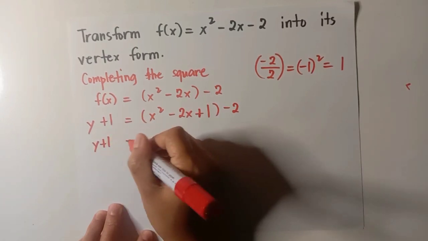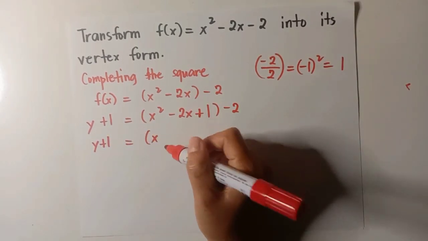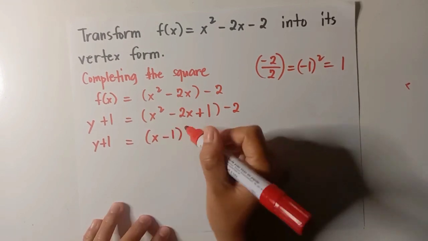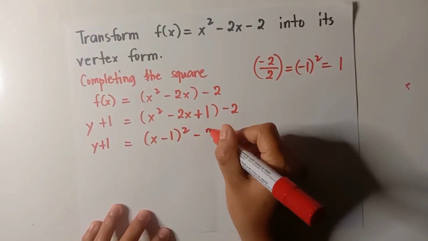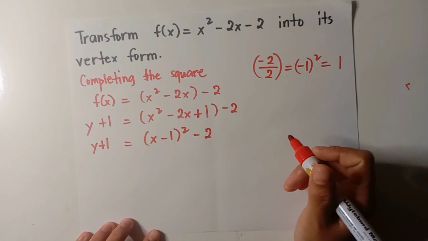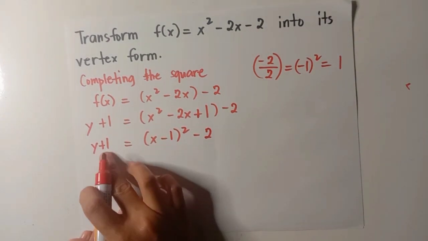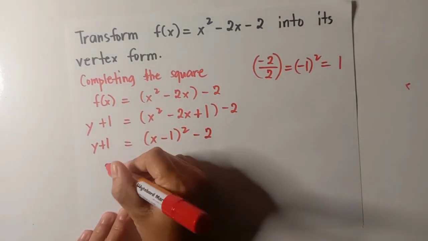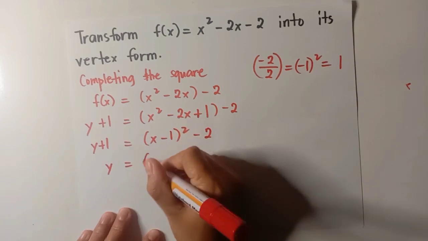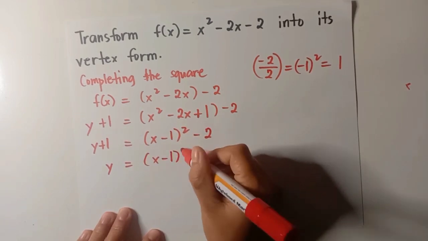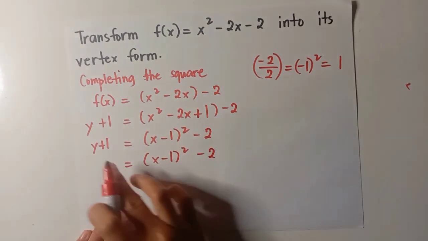So it becomes y plus 1 equals the square of x minus 1. Copy minus 2. After that, we will transfer this positive 1 to this side. So it becomes y equals the square of x minus 1 minus 2.